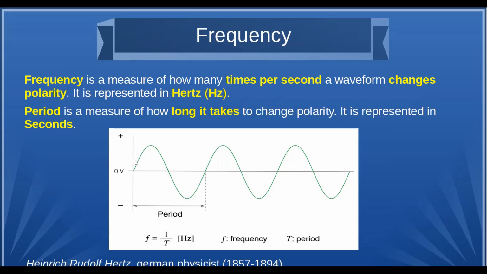So how many times it goes through a cycle per second is its frequency. How long it takes to go through a cycle is its period. Like a pendulum clock, the period is how long it takes to go from one side over and back. The frequency is how many times it does that per second.